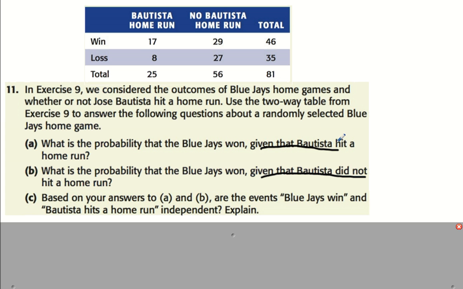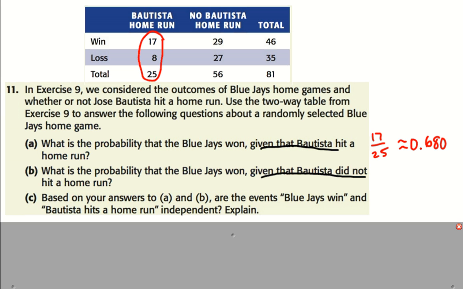Okay, so hopefully you worked out parts A and B because you know now about "given that." For the first one, the probability that they won given that he hit a home run, I'm just within this column, so that would be 17 over 25, which works out to approximately 0.680.